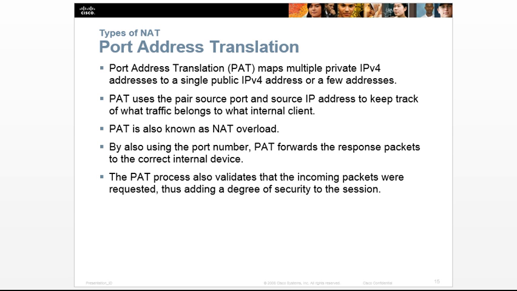But in the real world, when people talk about this, they pretty much call PAT and NAT the same thing. They call all of it NAT, even though a lot of what they're doing is actually a port translation. By also using the port number, PAT forwards the response packets to the correct internal device. So that's how you can set it up so that the outside can get to the inside. The PAT process can also validate those packets, adding a degree of security.